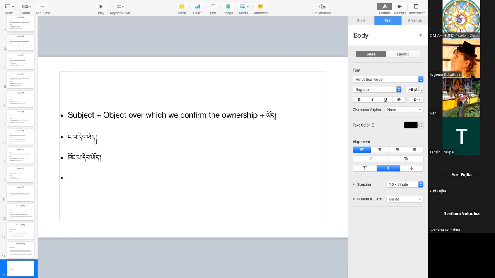which confirms the ownership. La is the thing that in this case relates the subject and the thing being owned. So it shows a relation between these two things. And this is something we will bring up strongly in the grammar class.